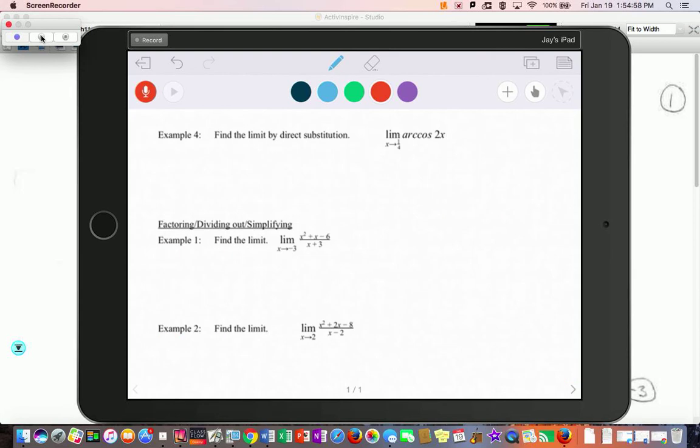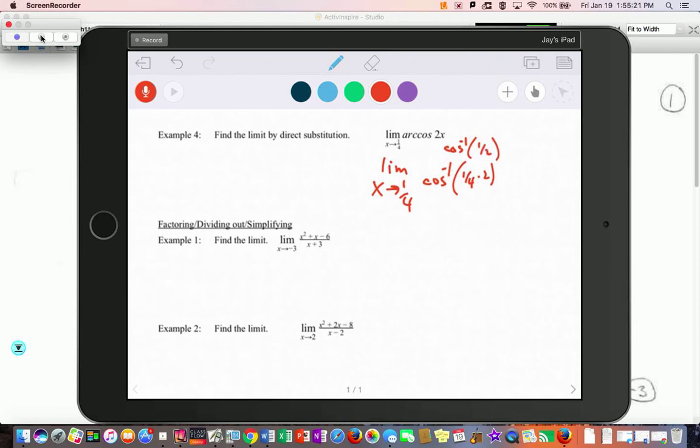The arc cosine, if you put the 1/4 in there, it's really like, when is cosine 1/2? 2 times 1/4 is 1/2.